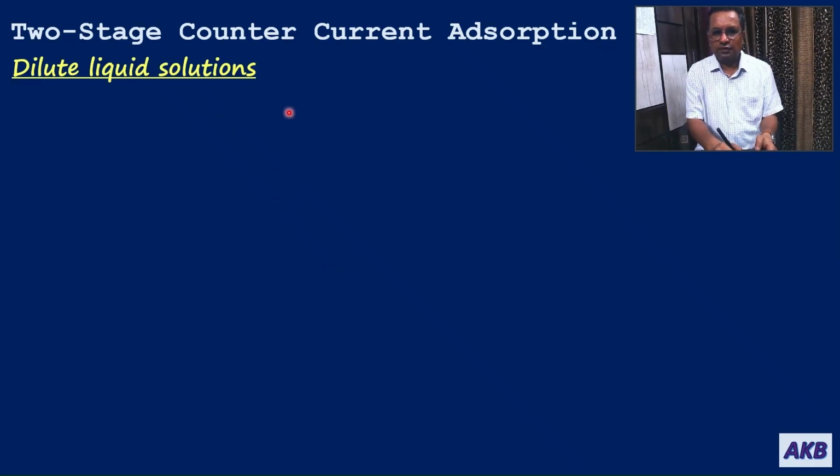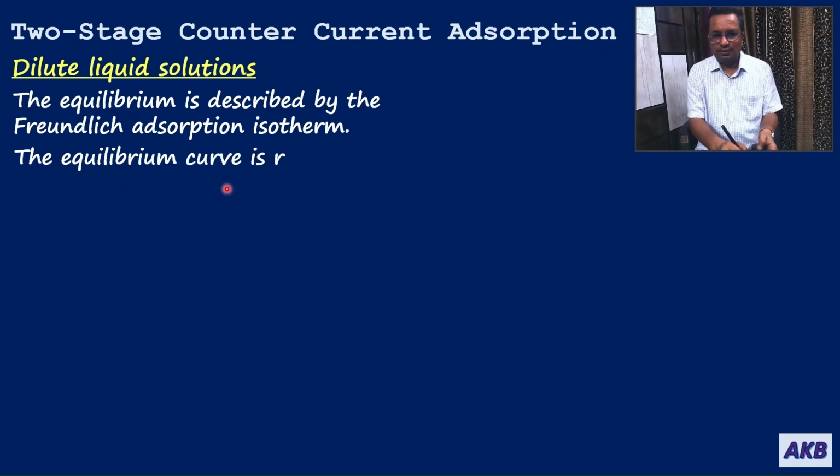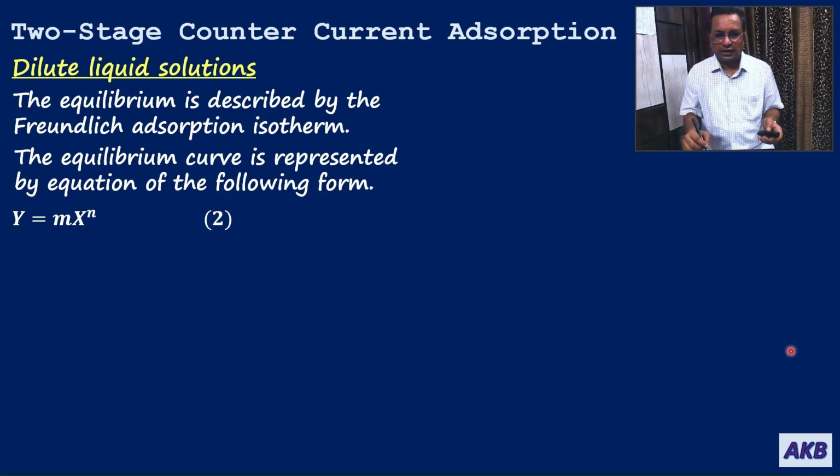Now for dilute liquid solutions, we know the equilibrium is described by the Freundlich adsorption isotherm. So the equilibrium curve is represented by an equation of this form: capital Y is equal to m into capital X raised to n, where m and n are constants.